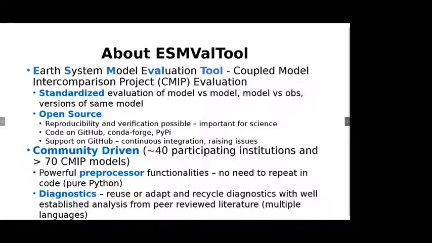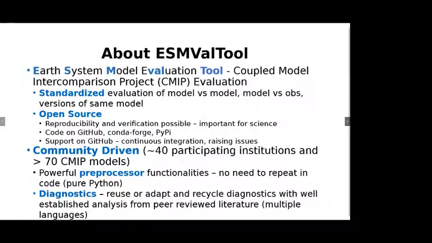There you also have a continuous integration machine that assures that any change in the code is reliable and doesn't change previous behaviors. It is deployed on Anaconda, so that installation can be done via a Conda environment that you build, and we're planning on deploying it to the Python package index, PyPI.